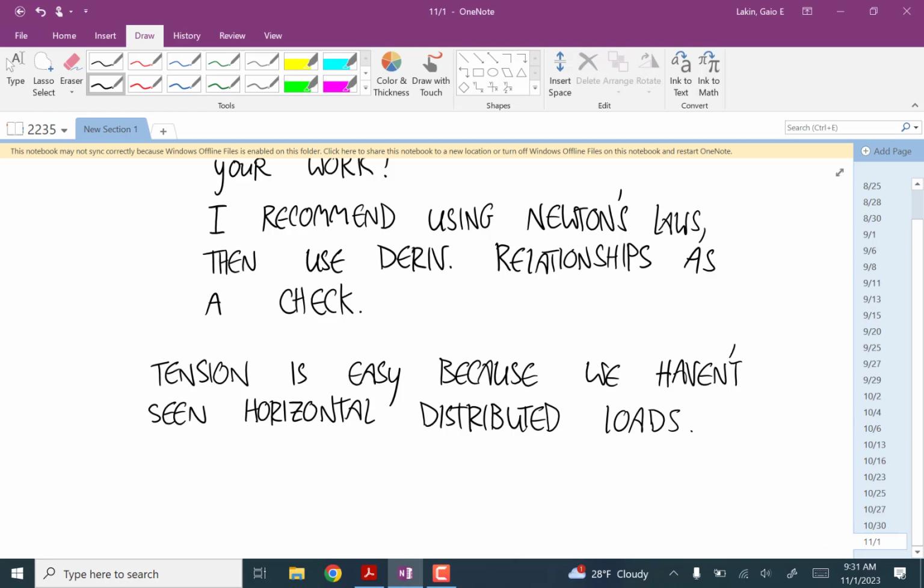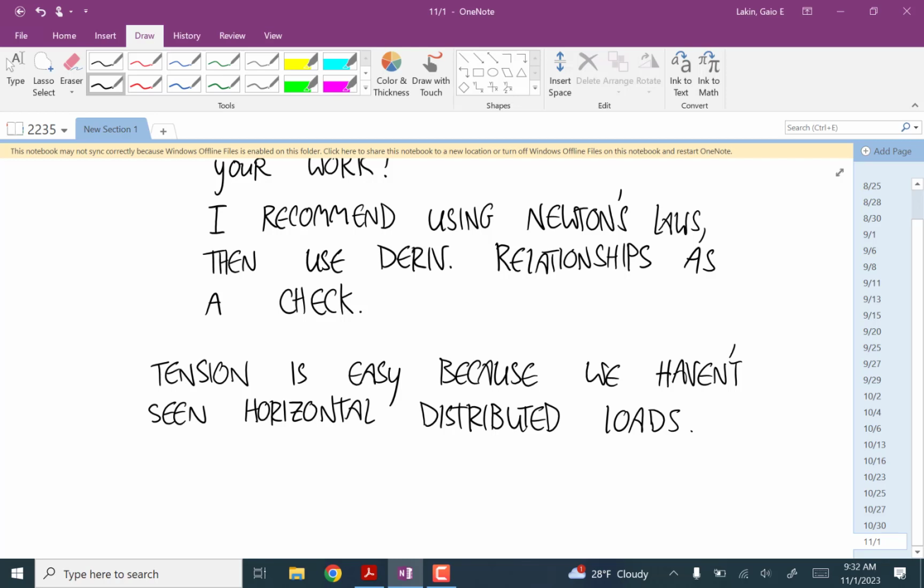A vertical distributed load, there's a lot of ways that you would have those, if something is applying a force over some distance, or you have some pile of something that's in a certain shape sitting on something.